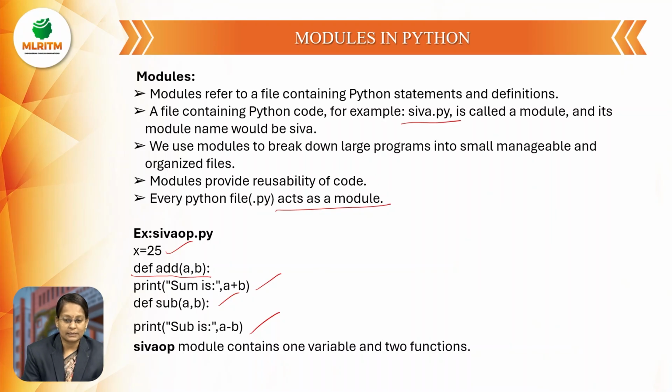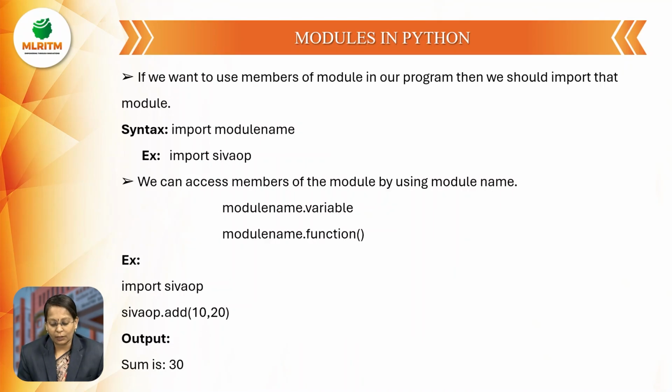I saved this program using the name shivaop.py. So the shivaop module contains one variable, x is equal to 25, and two functions, add and sub. If we want to use members of a module in our program, then we should import that module.